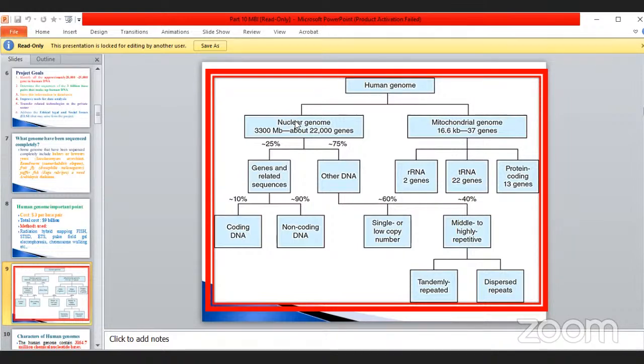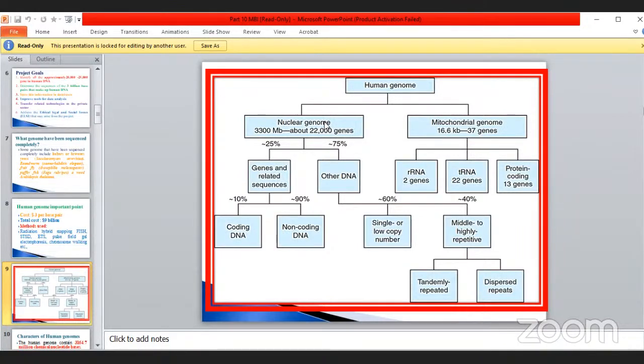One is the nuclear genome, another is the mitochondrial genome, because mitochondria also have a specific DNA molecule, and bacteria also. The nuclear genome is within the nucleus, and mitochondria are outside the nucleus.